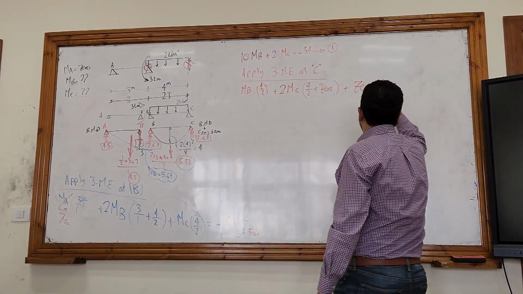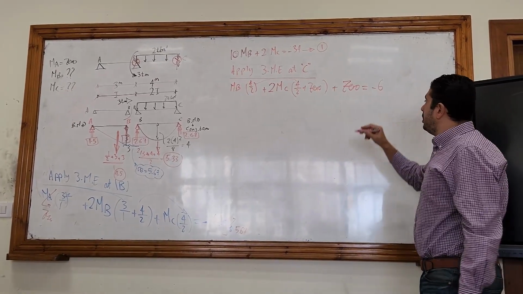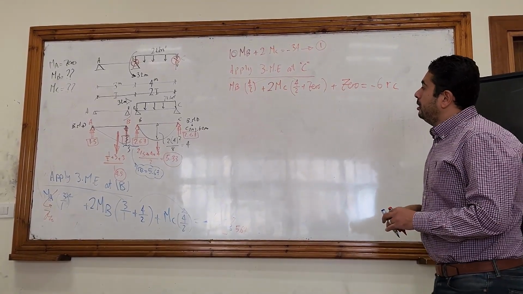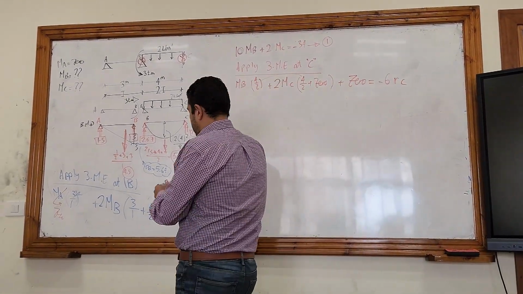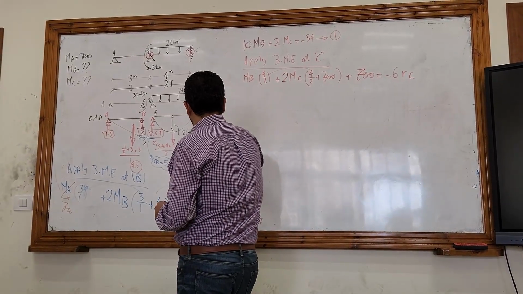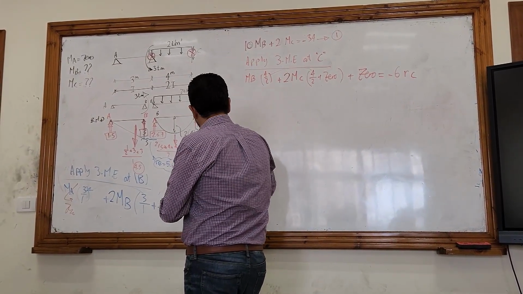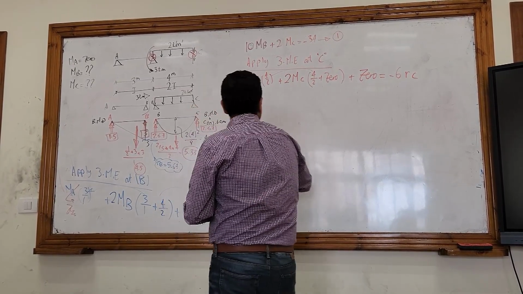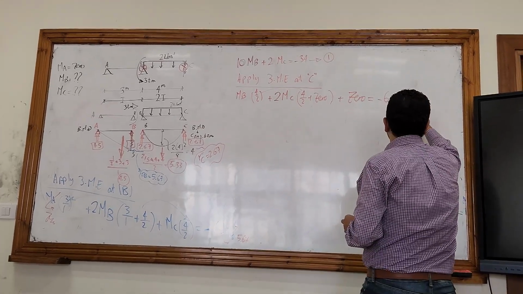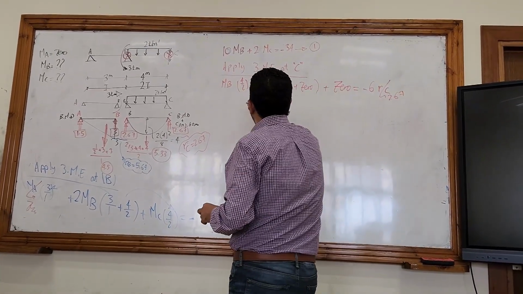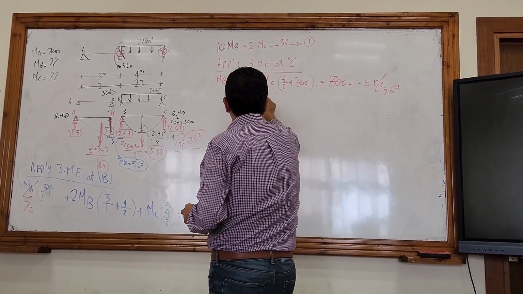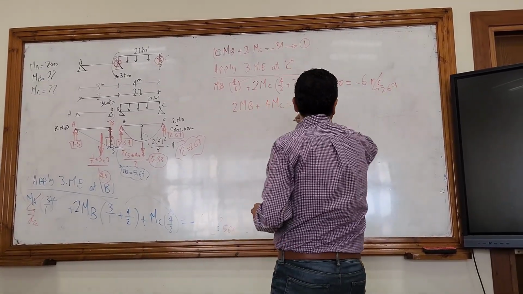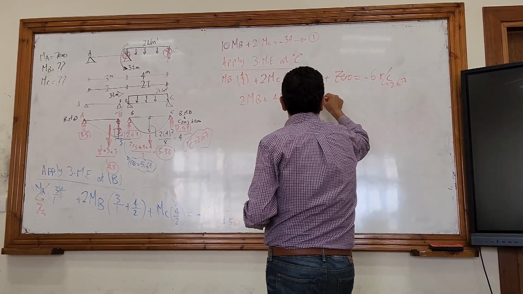And this will be equal to negative 6 RC, because I am applying at C. Where is RC? RC is only 2.67. So RC here is 2.67, and here it's 2 MB plus 4 MC equals negative 16.